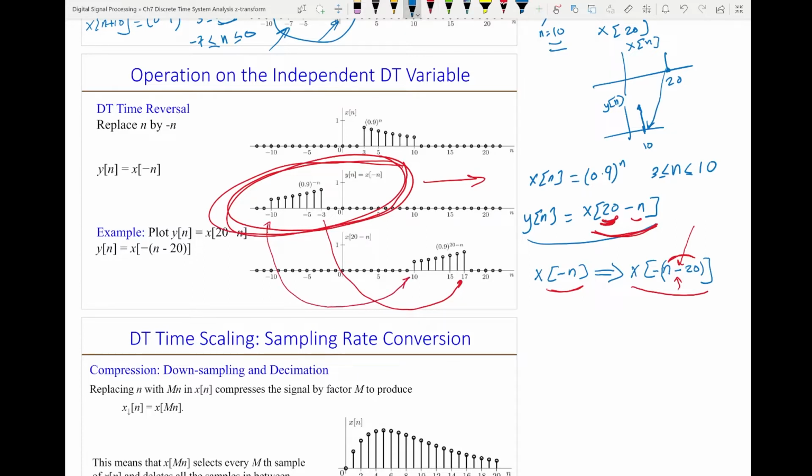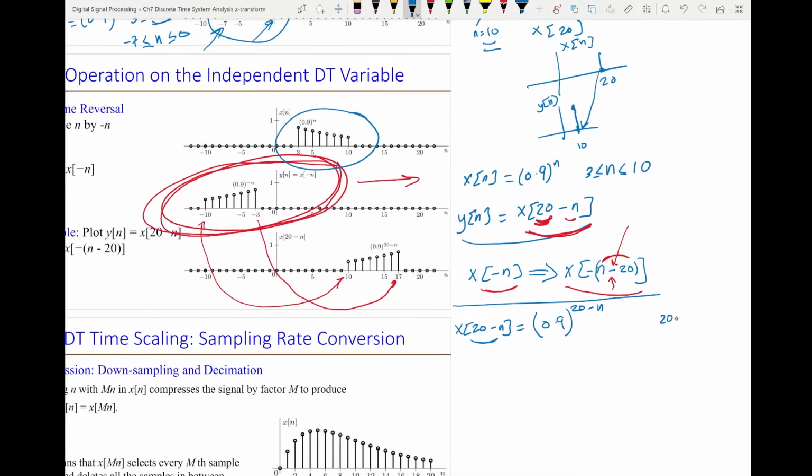Or if I want to just carry it out mathematically and use some software to plot it, I can say this is x of 20 minus n. Wherever I see n, I replace it by 20 minus n. So that will be 0.9, 20 minus n. And n is between 3 and 10. And I want to get rid of the 20. So I will subtract 20 from both sides.